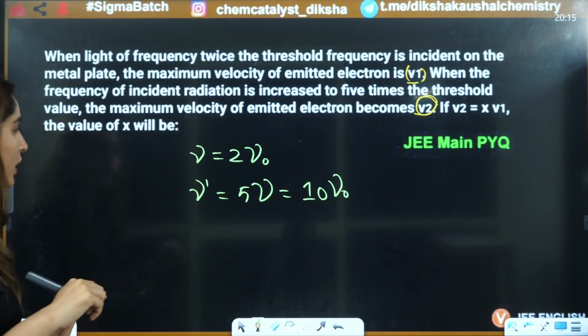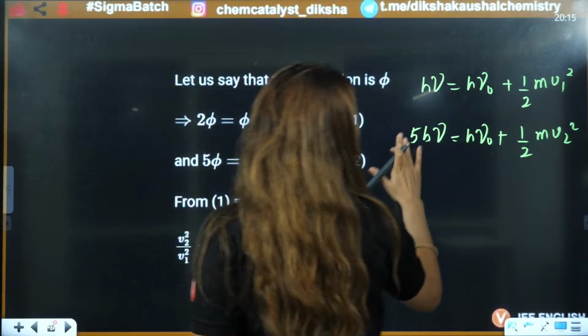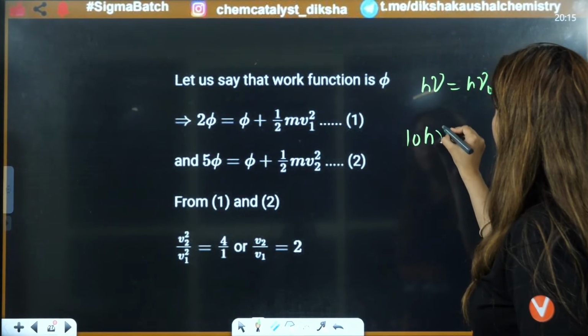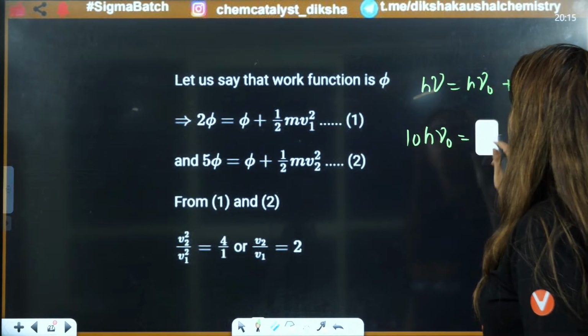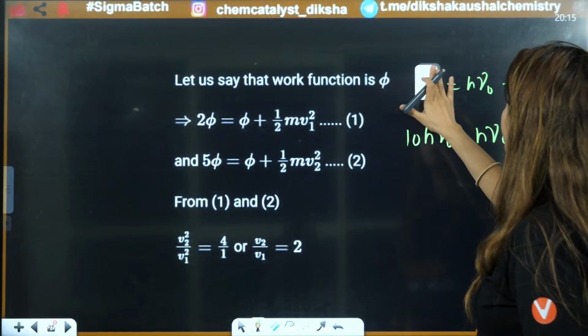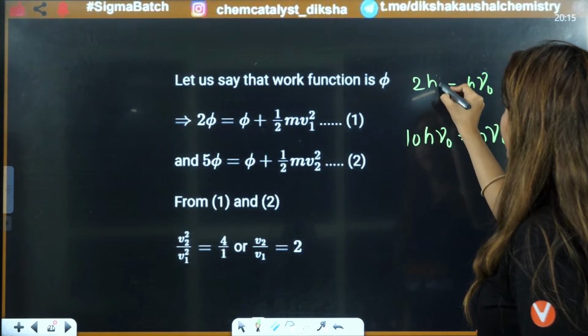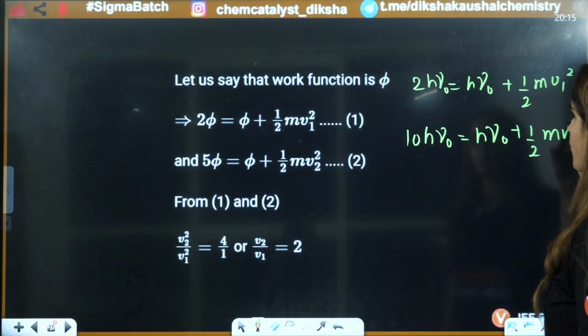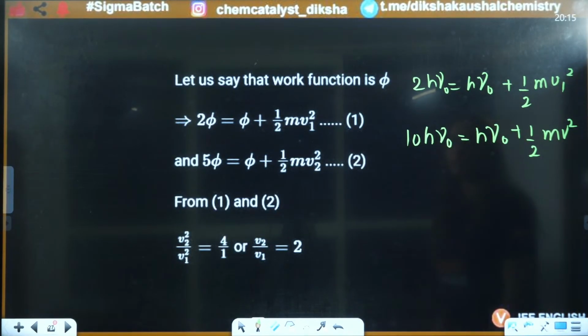Now you can put it here. This will be 10 h mu naught on one side, and 2 h mu naught plus half m v square on the other.